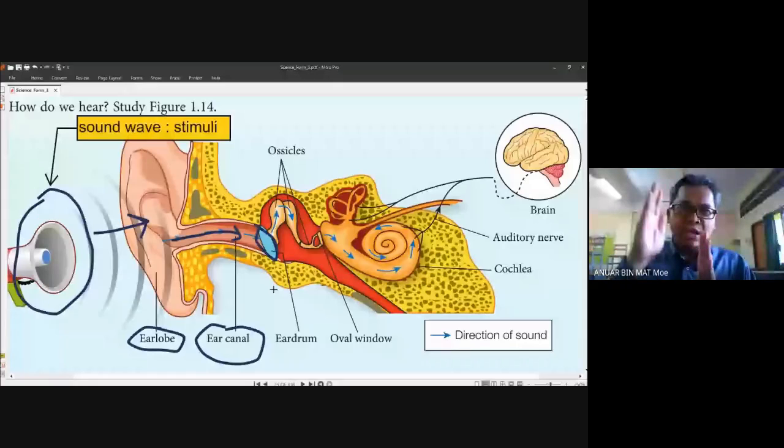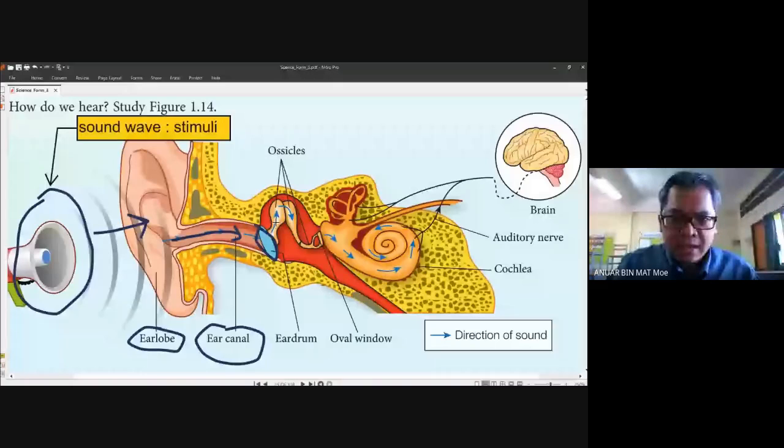When the sound wave hits the eardrum, it will start to vibrate. Okay? It will start to vibrate, and then it will go to the ossicle, and from the ossicle to the oval window, and from the oval window to the cochlea, all right, and then go to the brain.